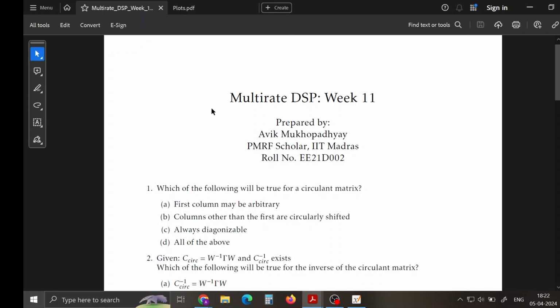So in the first question we are asked which of the following will be true for a circulant matrix. In fact we have looked at the definition of a circulant matrix. In fact, I covered the circulant matrix, pseudo-circulant matrix, or the Toeplitz matrix, the structure. How do the columns look like and what are their properties.